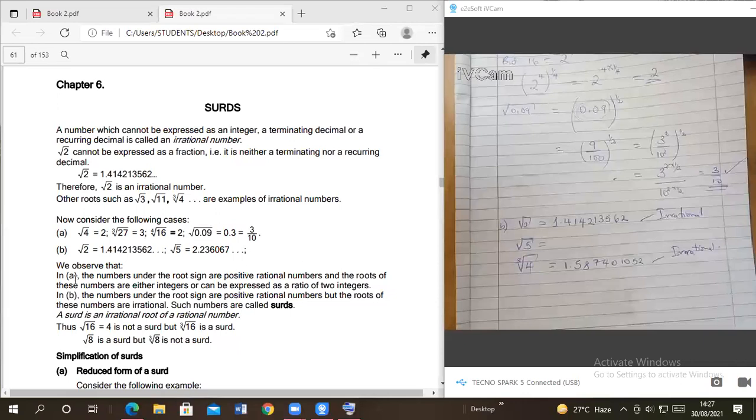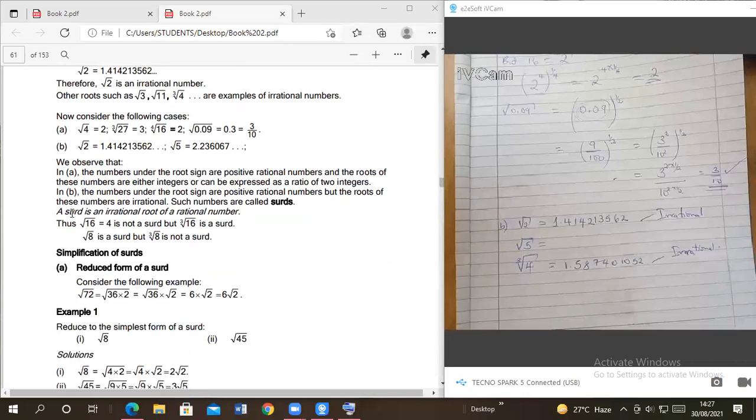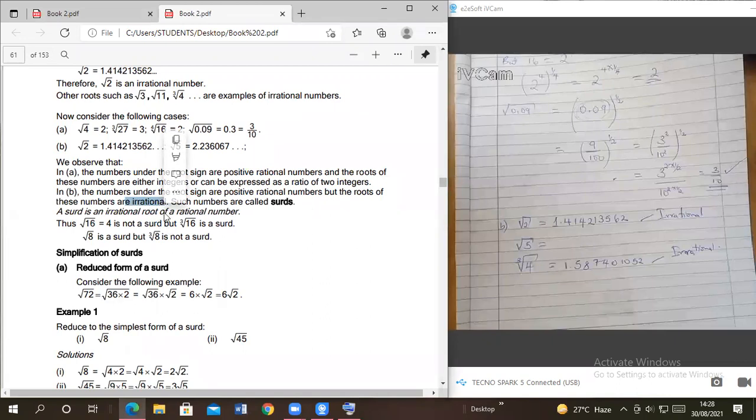Good. So when you come back to the notes, we observe that in A, the numbers under the root sign are positive, which are rational numbers, and the roots of these numbers are either integers or can be expressed as a ratio of two integers. But in B, the numbers under the root sign are positive rational numbers, but the roots of these numbers are irrational.